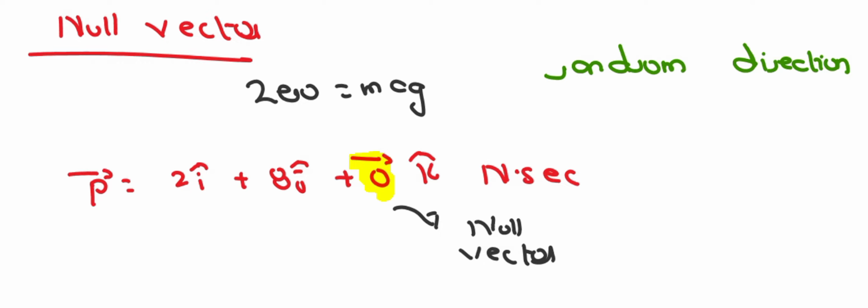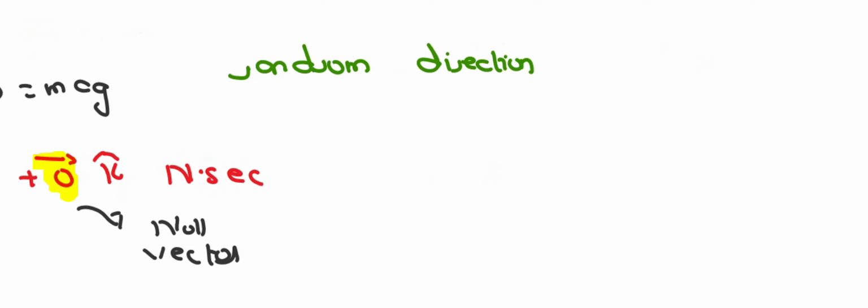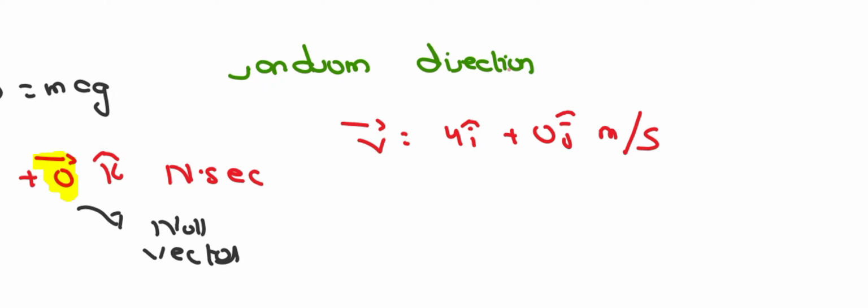So what is the meaning of random direction? Let's suppose the velocity lies in the plane, that is 4i plus 0j meter per second. So this is our x-axis, and this is the y-axis. The 4i tells us that the velocity is acting in the x direction, with a magnitude of 4.